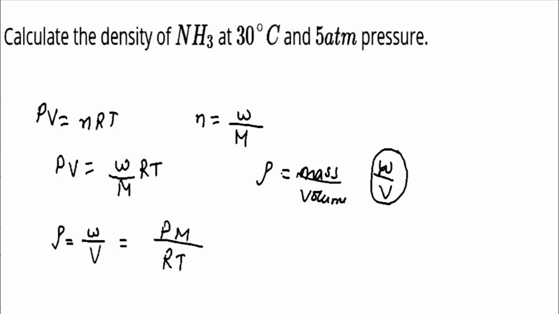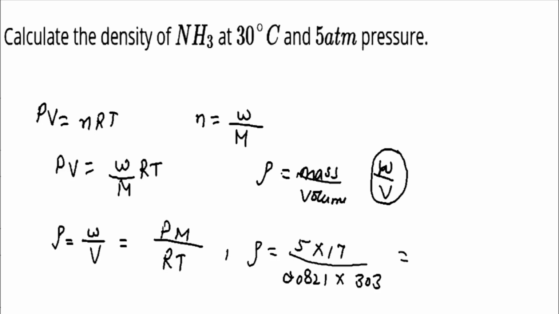Here, putting all the values of pressure and temperature, and the molecular mass of ammonia is 17. So rho will be pressure 5 atm, molecular weight 17 for ammonia, and R value 0.0821, multiplied by temperature 30 degrees Celsius, that is 303 Kelvin.